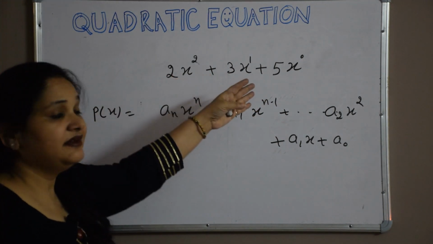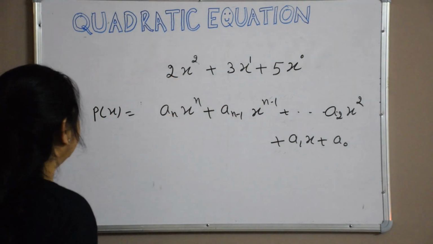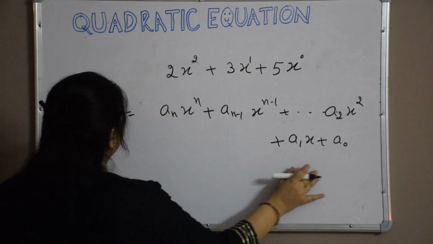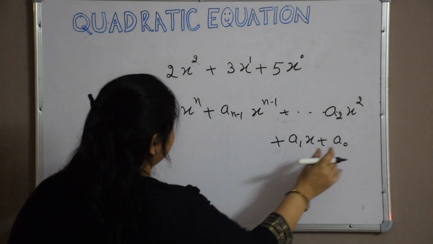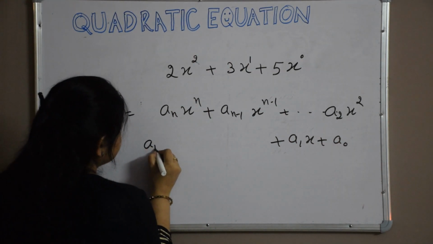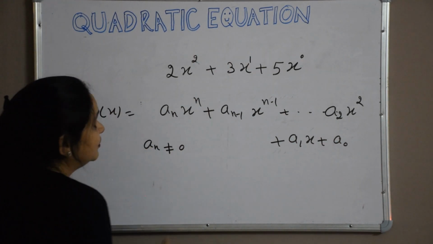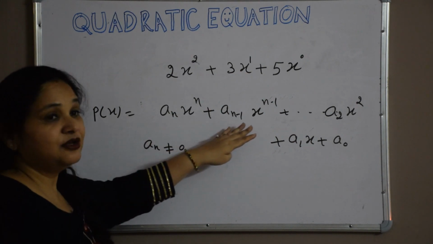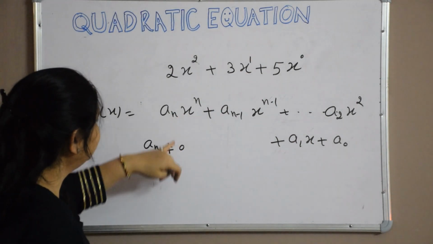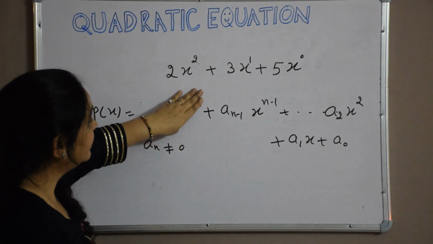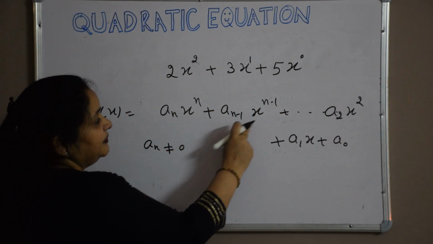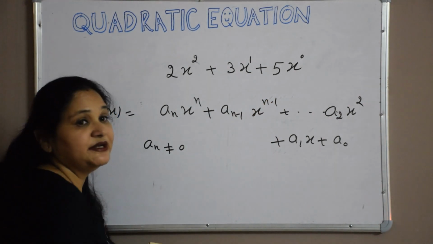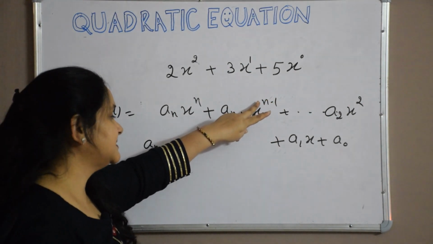So 2, 3, 5 are coefficients here, and this is the generalized form of a polynomial p(x), where a_n is not equal to 0, because we are writing a polynomial of degree n. If a_n becomes 0, this term will go away and the remaining terms are left. So its degree will become n minus 1, because I told you the highest power of x is the degree.